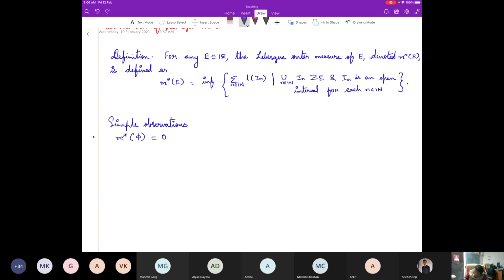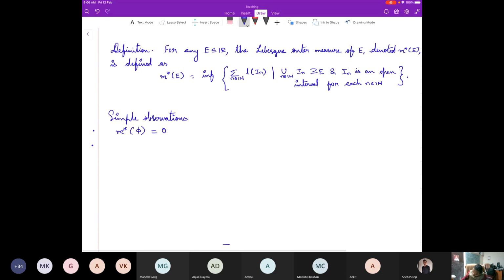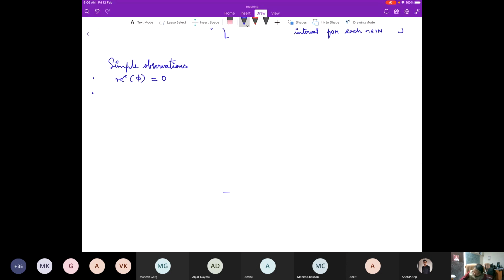Second thing. If E is contained in F, then what can you say about m star of E and m star of F?